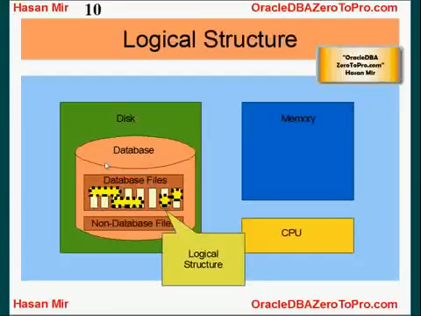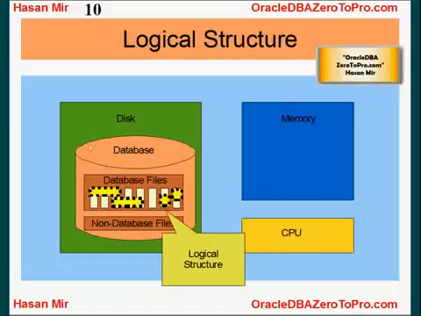Part of the table could go in one file, part of the table could be sitting on some other file. But whenever you query the table, the whole table is going to appear as one logical unit to you on the query tool. So it's important to note that there is no direct relationship between logical units and physical units. One logical unit could go in one physical unit or could be sitting on multiple physical units. So it's no one-to-one relationship here. It's a one-to-many relationship.